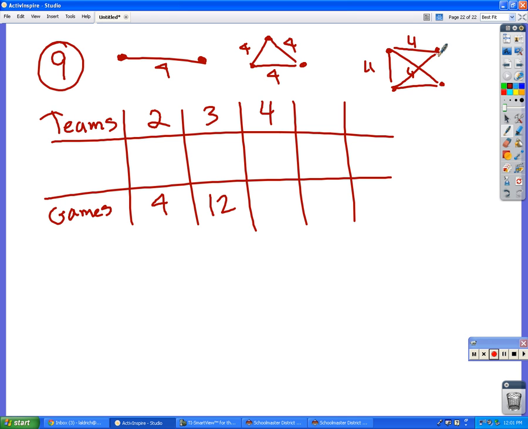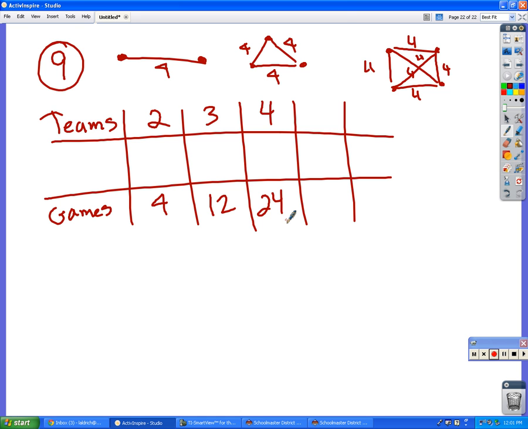And then this guy's got to play those 4 times, so it's 4 there, 4 there, and then add that one on there. So how many do we really have? Yeah, 24.